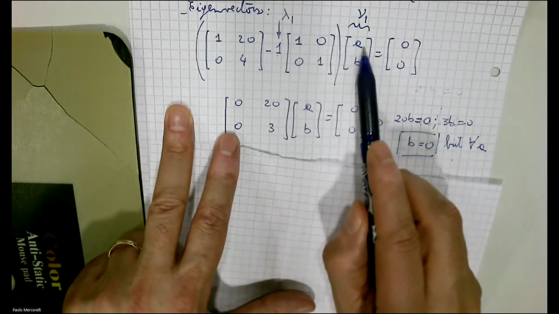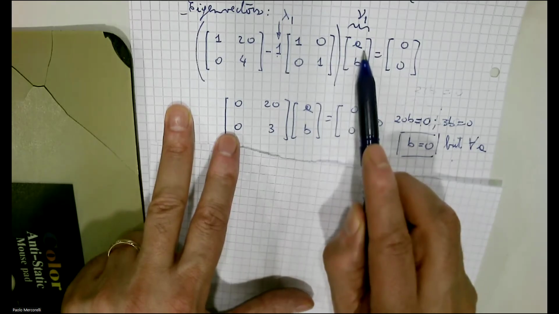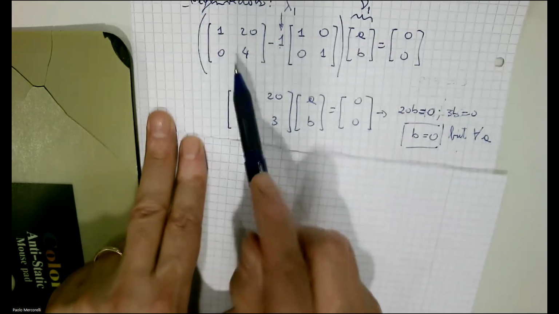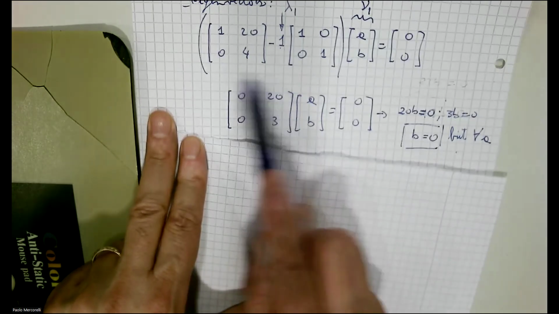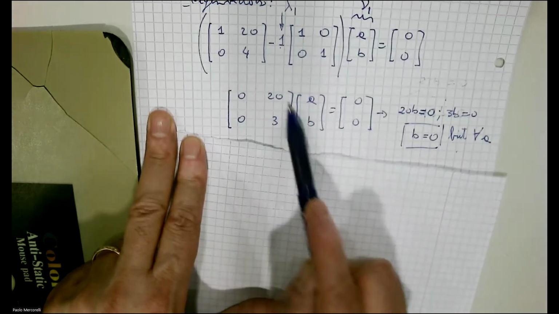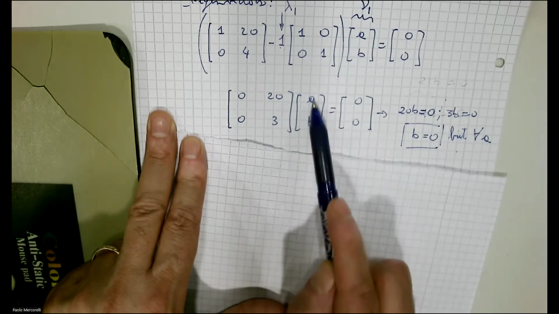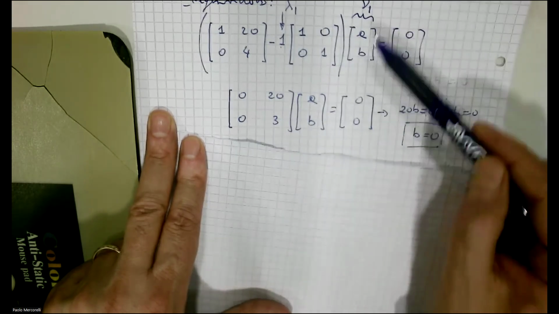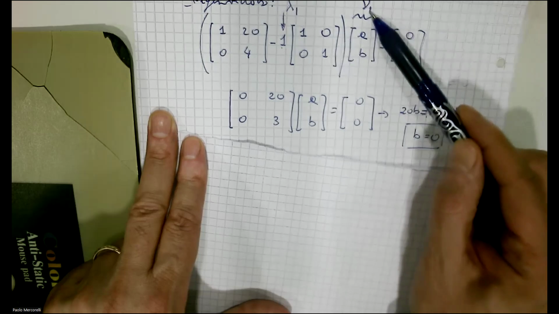This means I have to calculate V1, which consists of two parameters, A and B. This means this minus this, no problems, no? This minus this, no problems, which multiply A and B. A and B are two parameters which characterize V1.